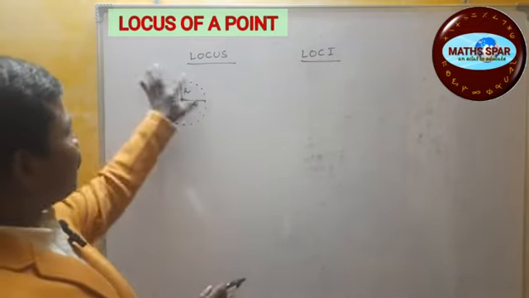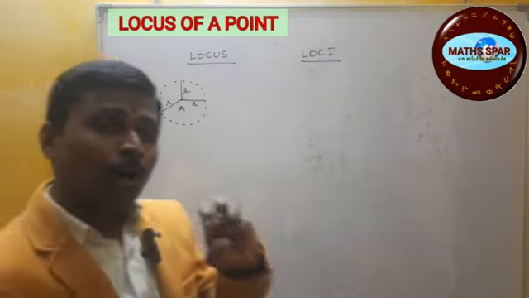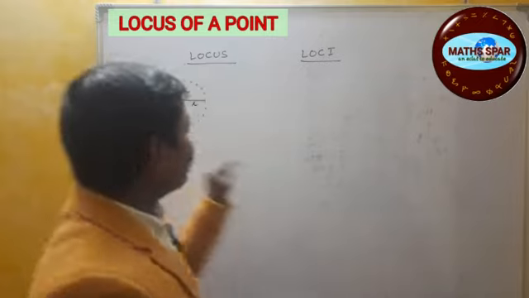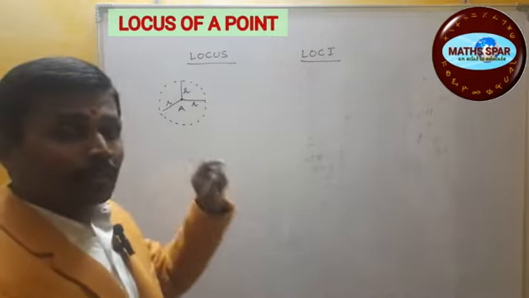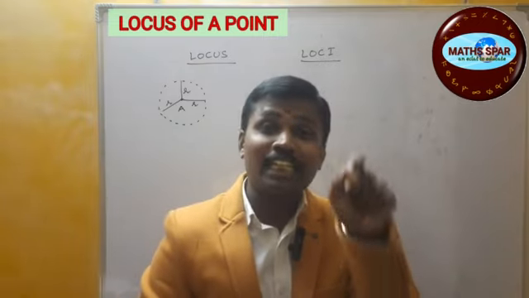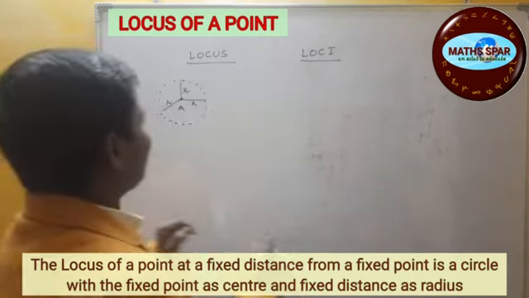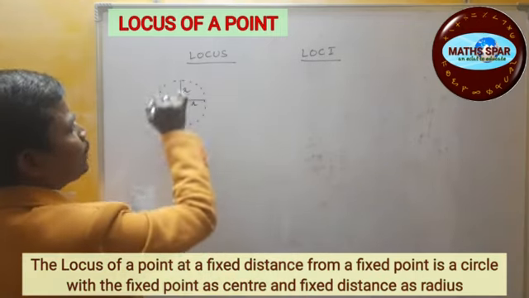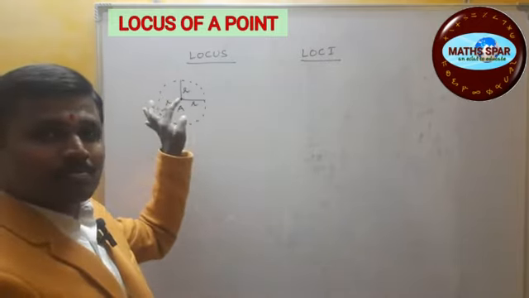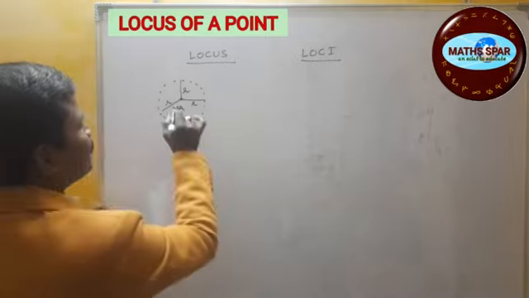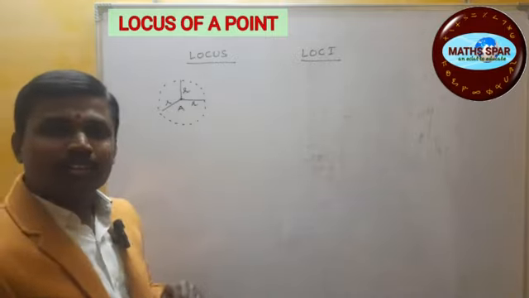So this path is the locus of a point for a fixed point. It means the locus of a point that is equidistant from a point is the circle around it, meaning each and every point on this is equidistant from center A.